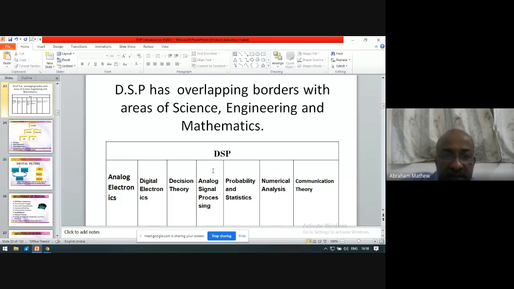So becoming a master in DSP is a Herculean task. One has to be a master in all these areas. Then only he can become a master in digital signal processing area.